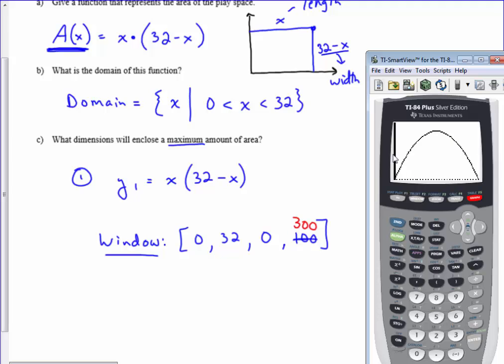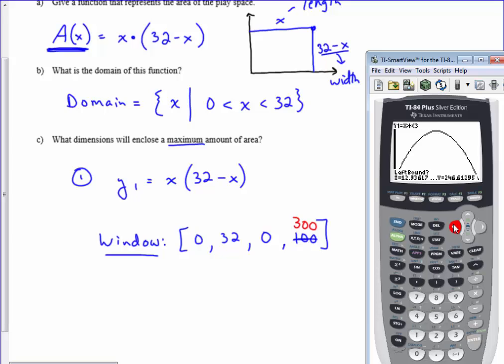Here, I actually want to find the maximum. In other words, I want to find this ordered pair. So I'm going to do second, trace, and option number 4, since that's maximum. I've warned you in a prior video that sometimes it will actually take you to the actual answer, but I would go ahead and work it.